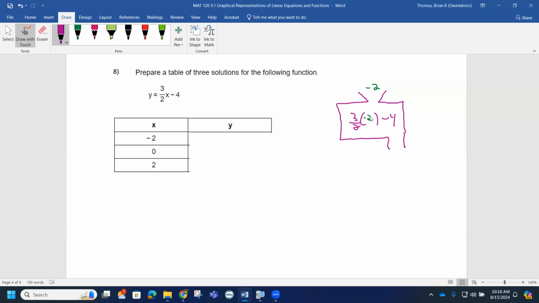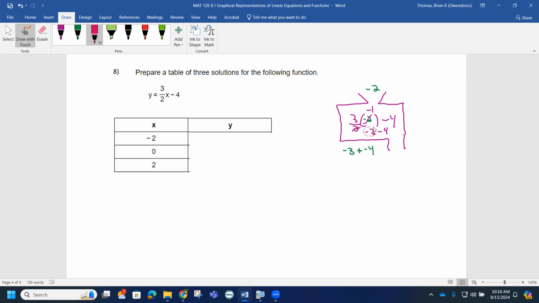So notice how the 2's will divide out. 2 divided into -2 is going to give me a -1. And then 3 times -1 is -3. And then we have this -4. Now remember, -3 minus 4 also means -3 plus -4. So I use a circle method here when I see these, because to see terms, use a circle.